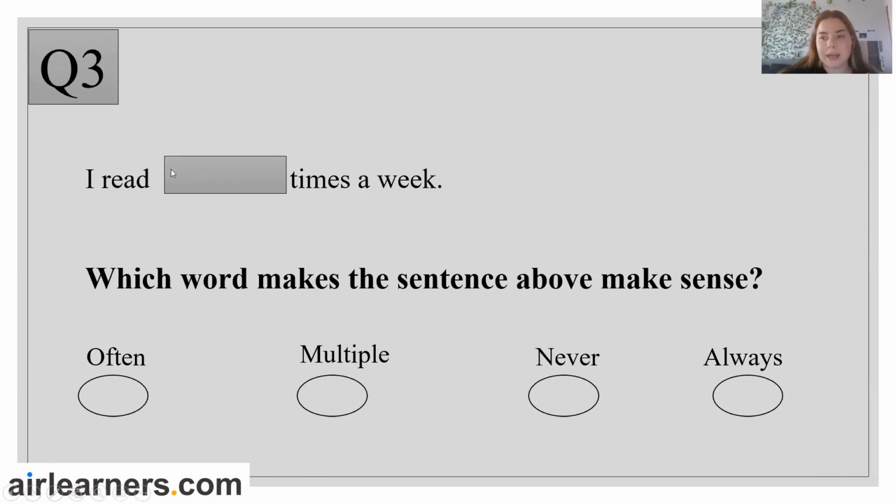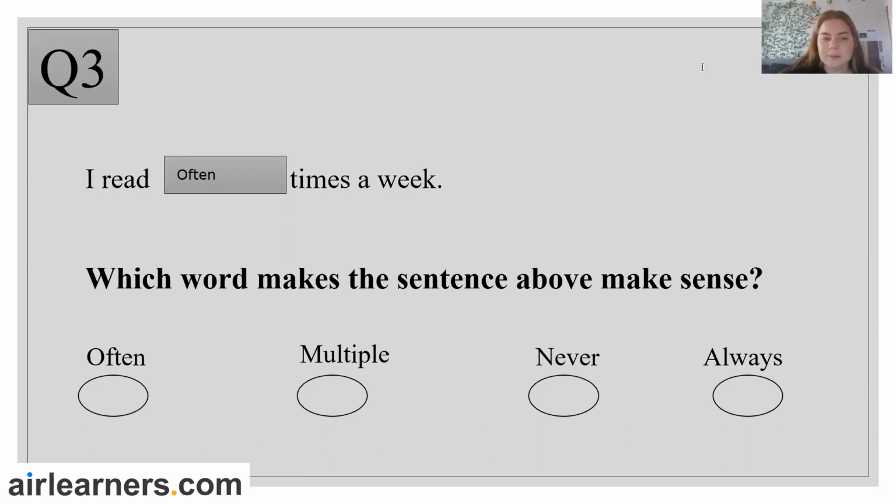I read blank times a week. Now the question is, which word makes the sentence above make sense? So let's put each of these 4 words into the sentence where this blank box is and see if it makes sense or not. So I read often times a week.